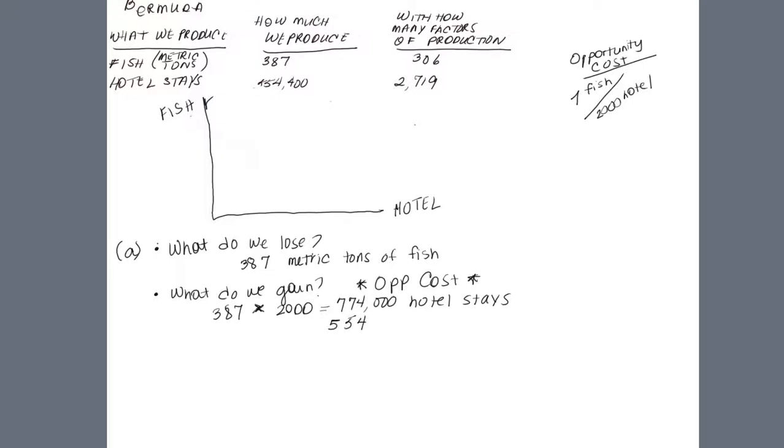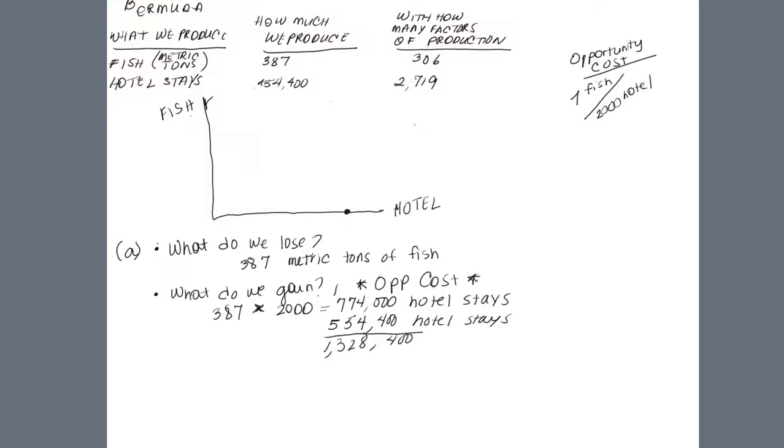So, in total, we have 1,328,400 hotel stays in that economy, if all the fishermen become hotel workers. So that's our point right here. And again, I'm not sure how the solutions on Chegg do it. They might put the hotel stays on the y-axis so that you would have this point up here, and that would also be totally appropriate.